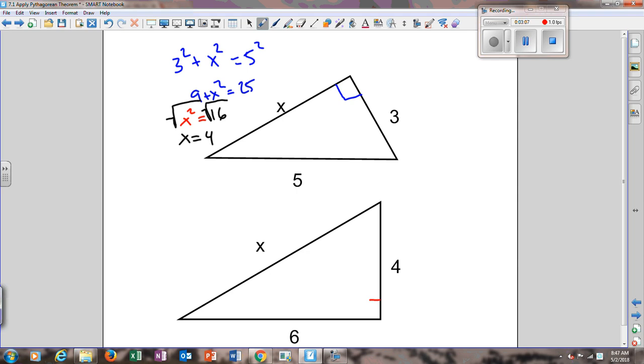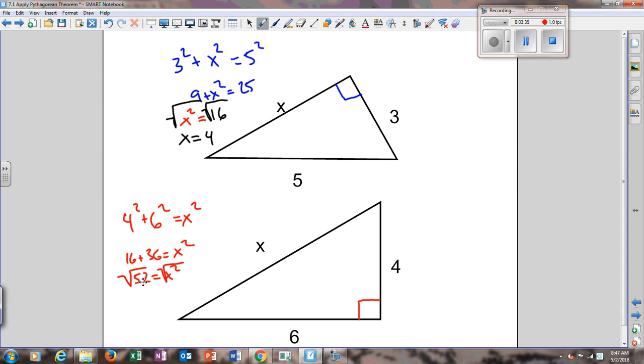This one is a right triangle. We have 4 squared plus 6 squared equals x squared. It gives you 16 plus 36 equals x squared. It's going to give you 52 equals x squared. Take the square root of both sides. Now, 52 is not a perfect square, so we would just approximate.